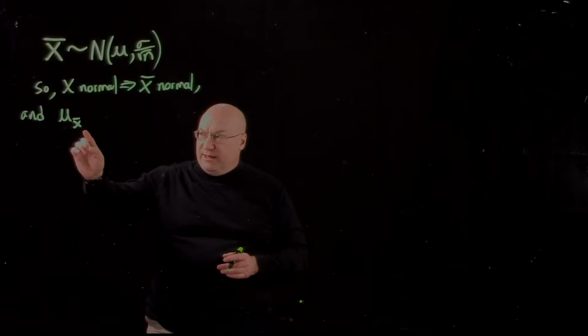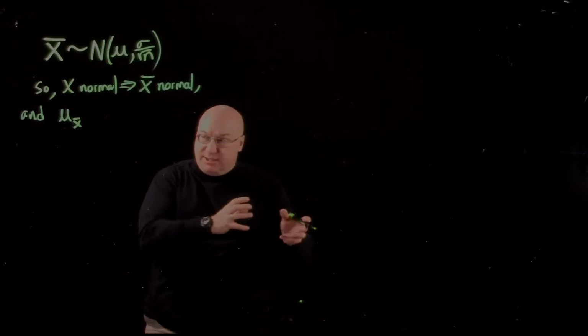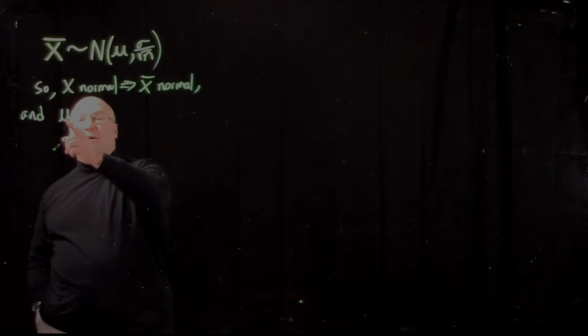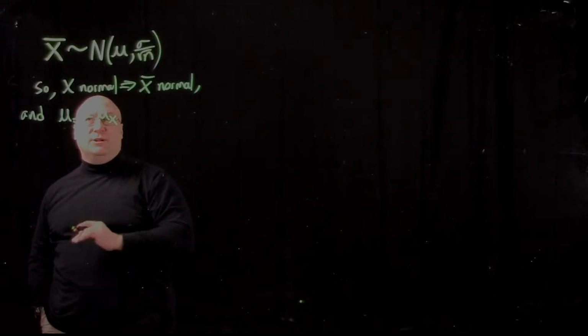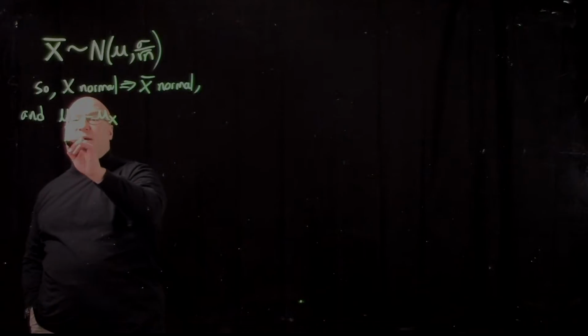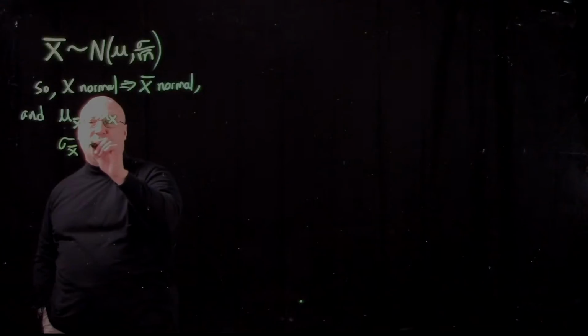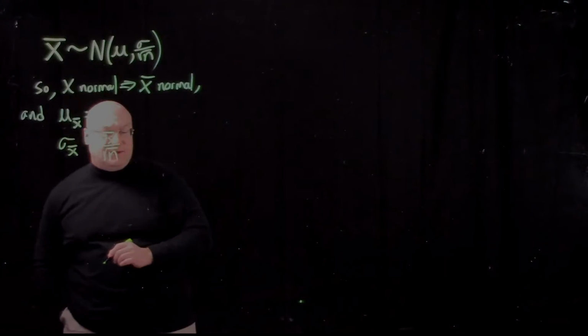So the mean of x bar, which is the random variable that is the sample mean taken from all possible samples of size n, that random variable's mean is the same as the original x's, and the standard deviation for x bar is the original standard deviation divided by the square root of n.